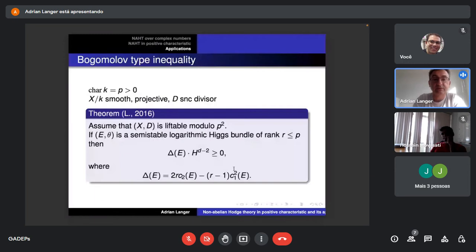So everything is the same. And for example, this theorem tells you that if you have a smooth complex projective variety with a simple normal crossing divisor and a semi-stable logarithmic Higgs bundle, then this discriminant is greater than or equal to 0. So in the non-logarithmic case, this was first proven by Simpson using analytic methods.